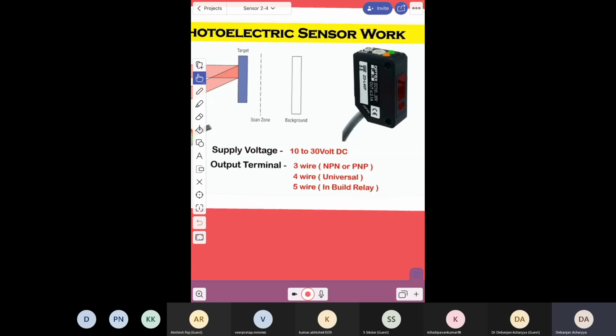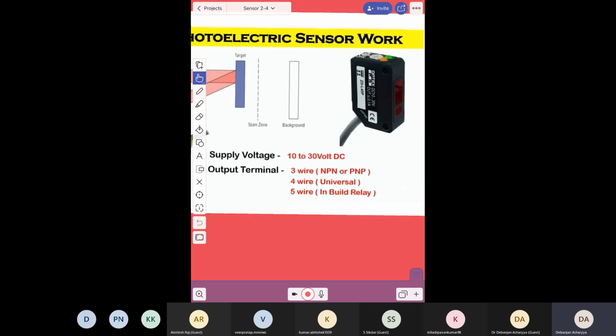For an NPN sensor the output is negative type, and for a PNP sensor the output is positive type. So a 3-wire sensor is either NPN or PNP.